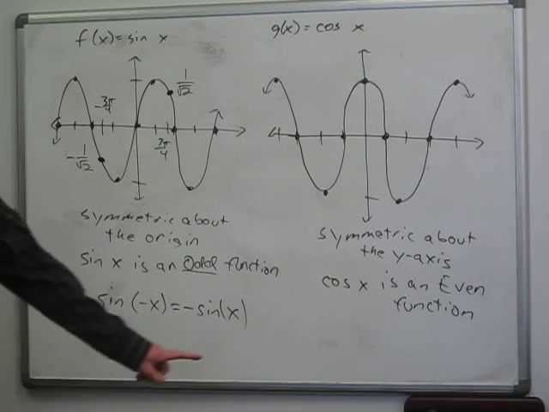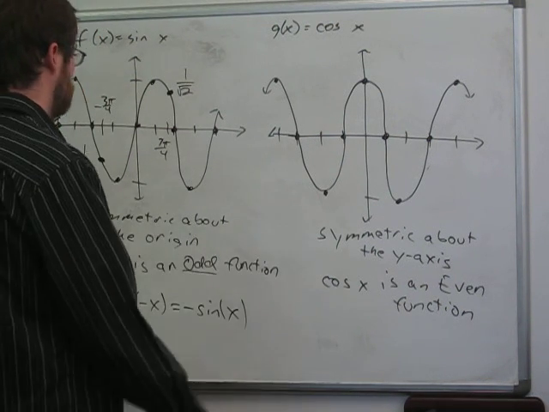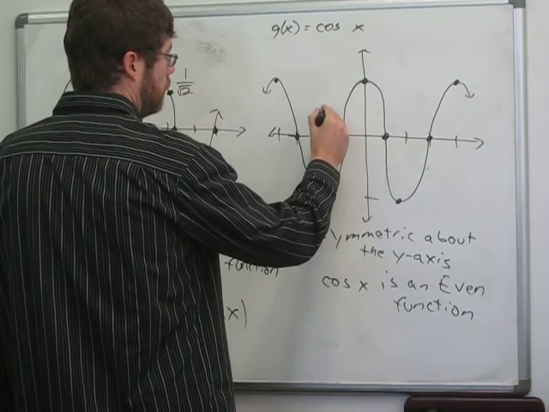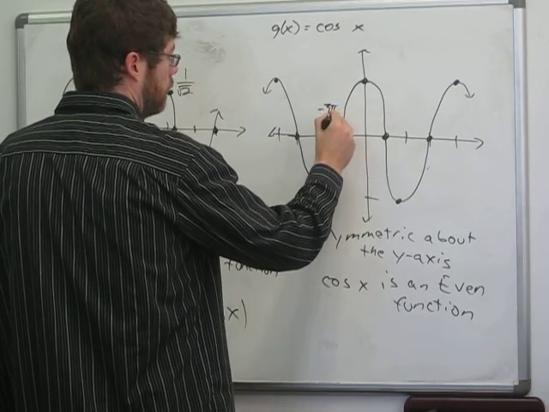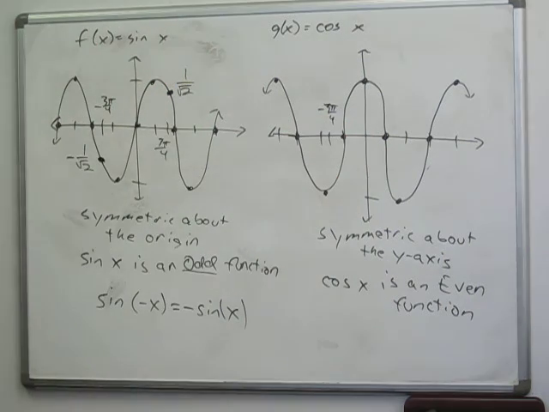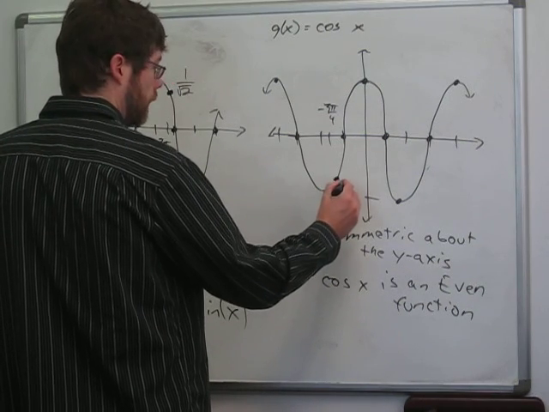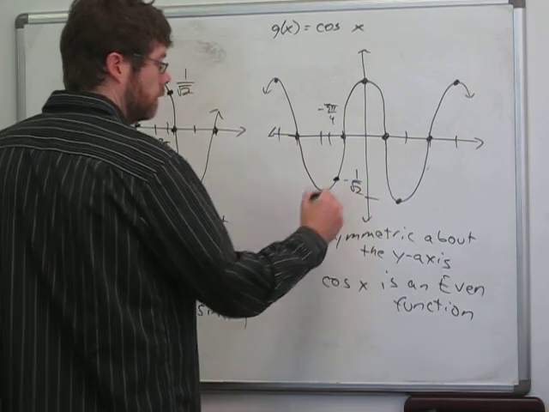What about for even functions? Right. Well, again, let's look at negative 3 pi over 4. Negative 3 pi over 4 for cosine x is going to have a function value down at negative 1 over radical 2.